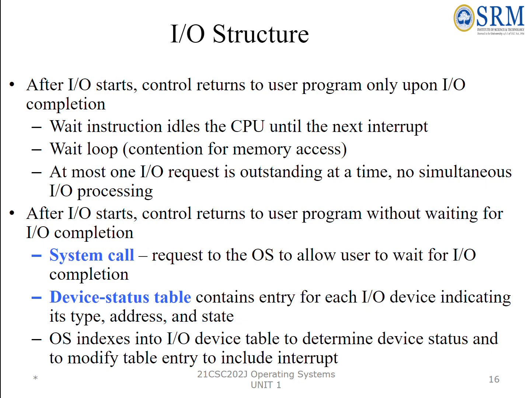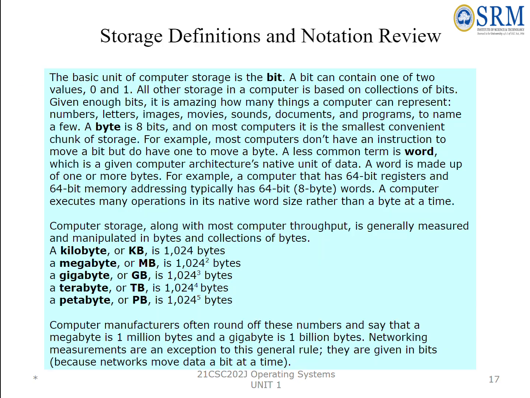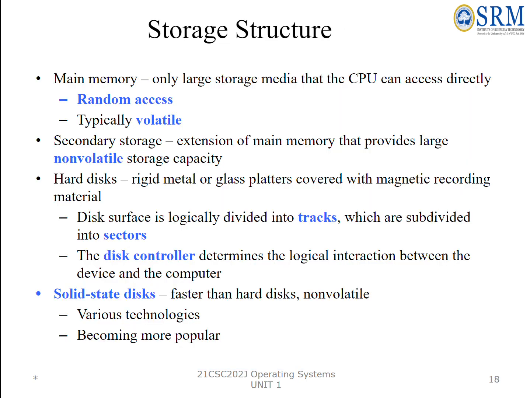And next topic: now we have discussed the organization structure, what is in the operating system kernel, and everything. The next one is system call and device status table. Okay, system call. What is a system call?